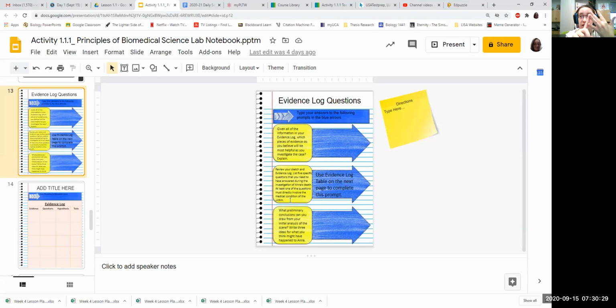Was it an accident, or was it an actual crime? Did somebody harm her? So just questions kind of like that. That's what they mean by medical condition of the victim.